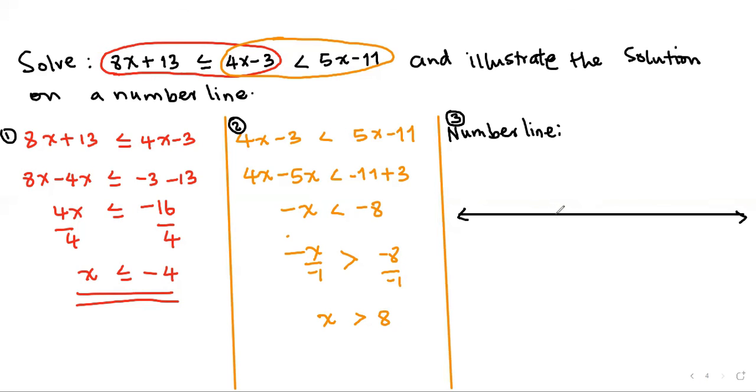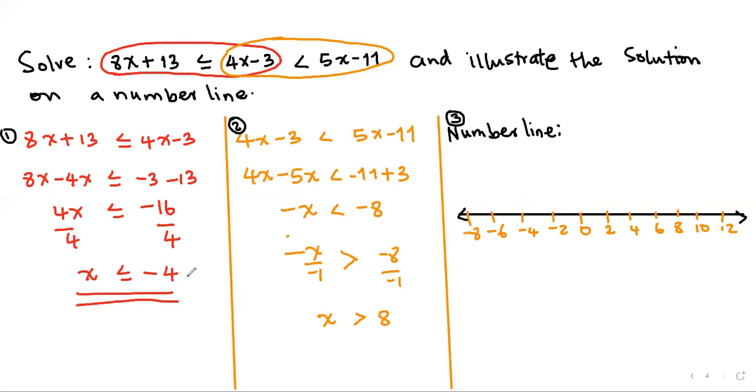Let's say that this is 0, 2, 4, 6, 8, 10, 12, minus 2, minus 4, minus 6, minus 8.